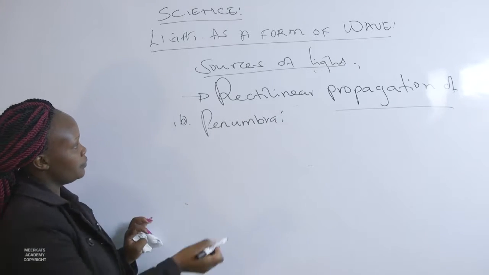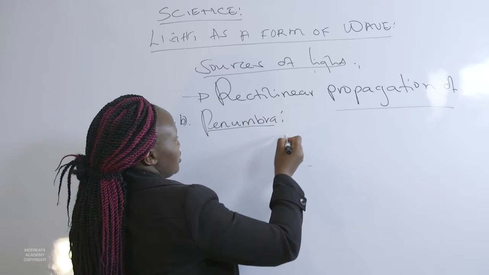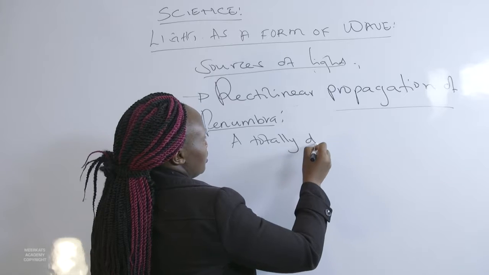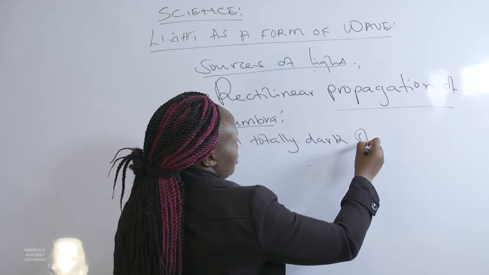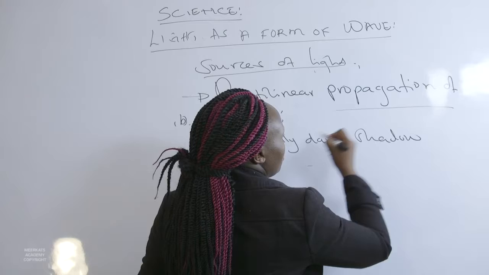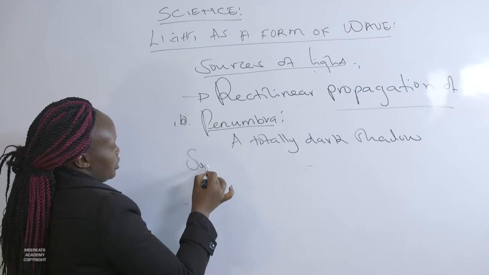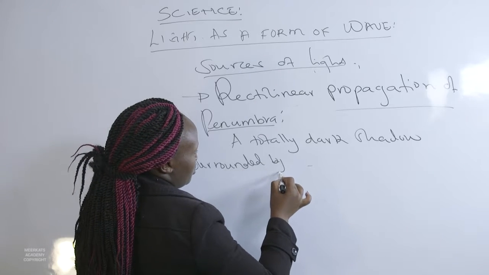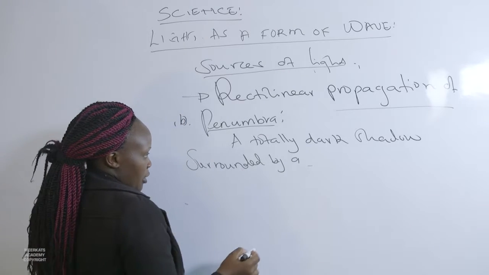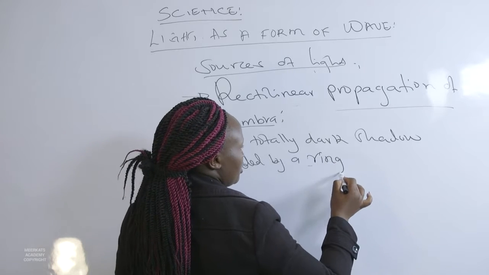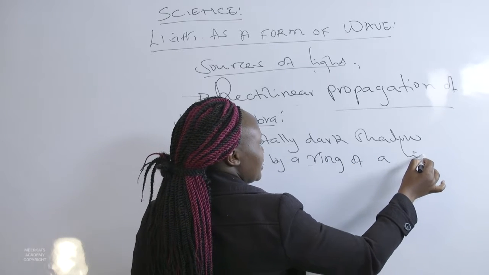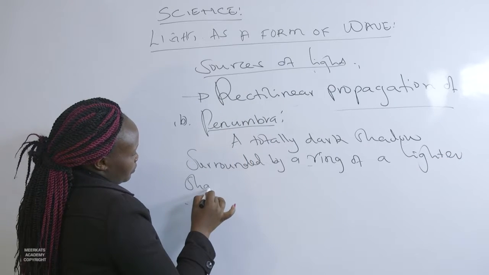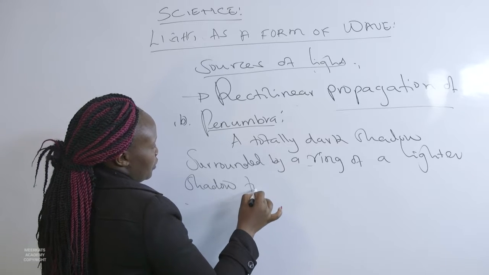And the Penumbra is a totally dark shadow surrounded by a ring of a lighter shadow formed.